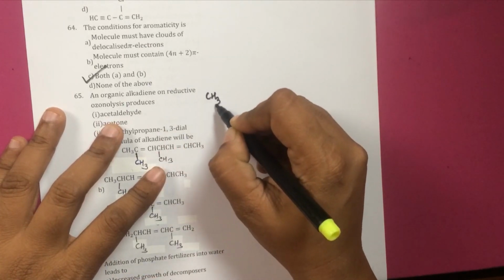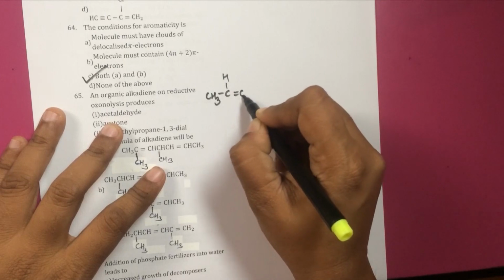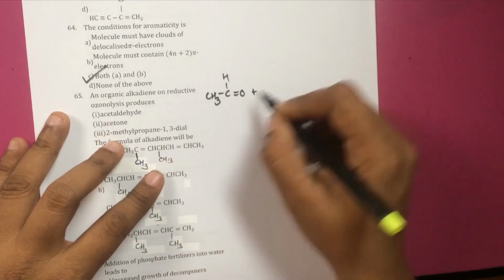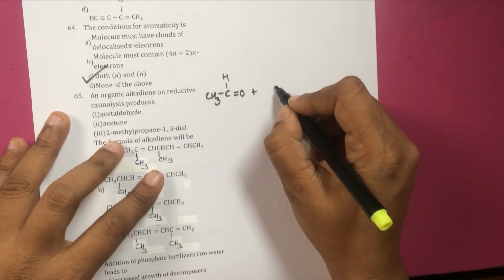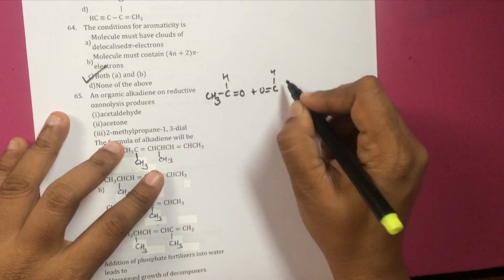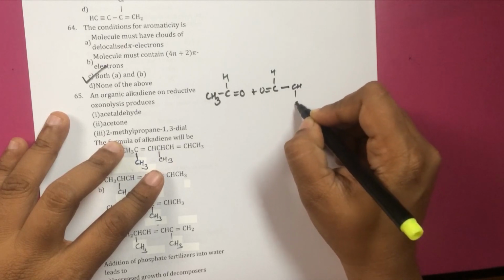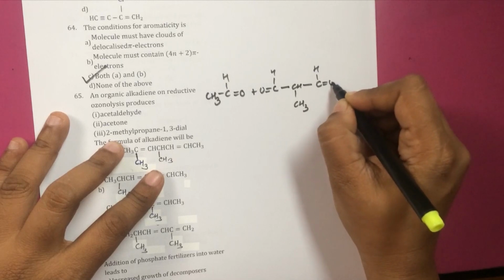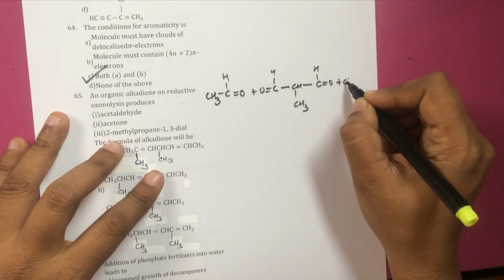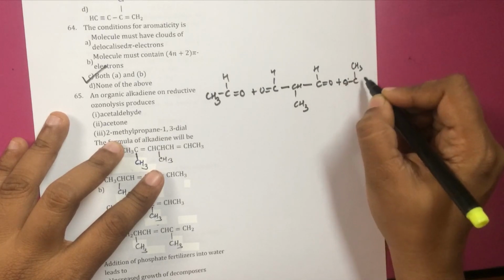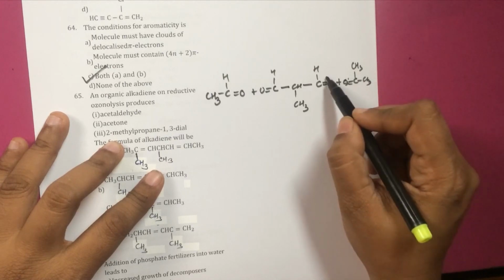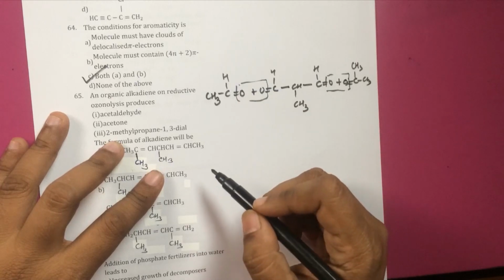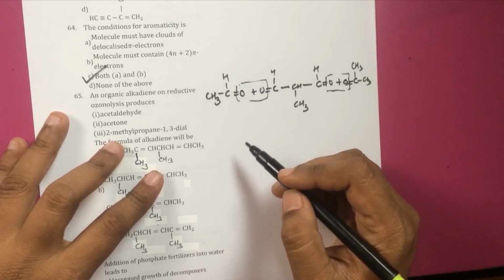First is acetaldehyde, so CH3CH double bond O. Next, the compound 2-methyl propane 1,3-dial, O double bond CH, CH3, CH double bond O, and the third compound we are getting is acetone, CH3 CO CH3. Wherever we have this oxygen bond, there will be a double bond. So that is the reductive ozonolysis that is taking place.